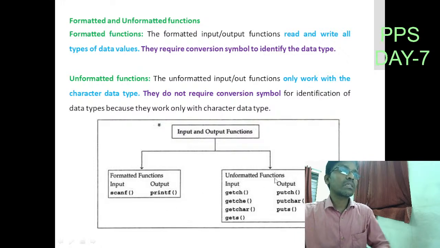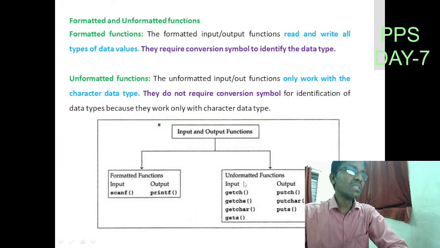Whereas unformatted functions again contain two types, input functions and output functions. The input functions are getch, getchar and gets. Getch and getchar are used for character input, and in gets, the s indicates string.